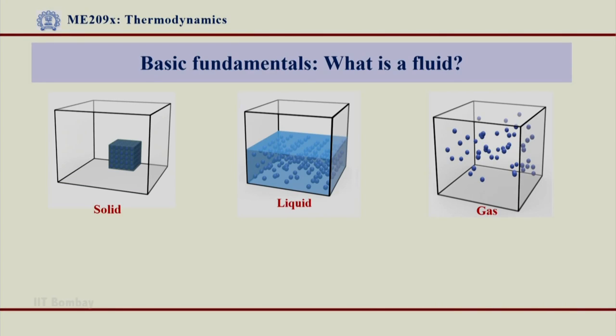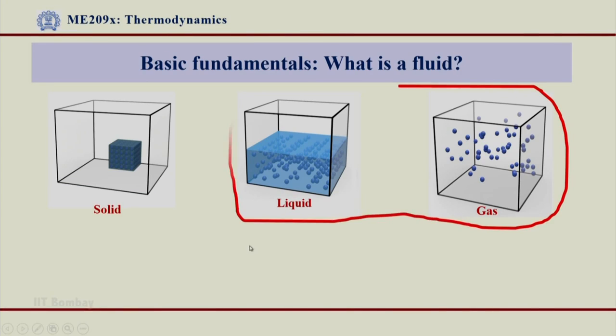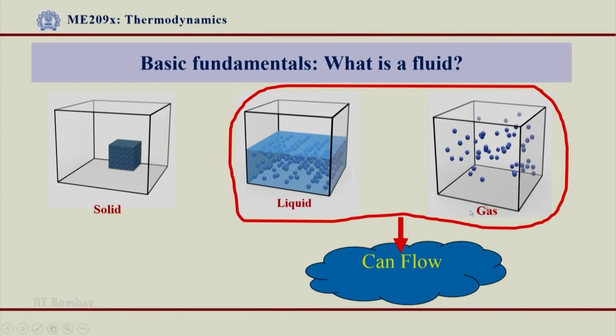So, now from there we can see that the liquids and the gases could actually flow, and because of this property that they can flow, they could take the shape of the container itself, and therefore we say that the liquids could flow, the gas could flow, and that is why we say that they are called fluids.